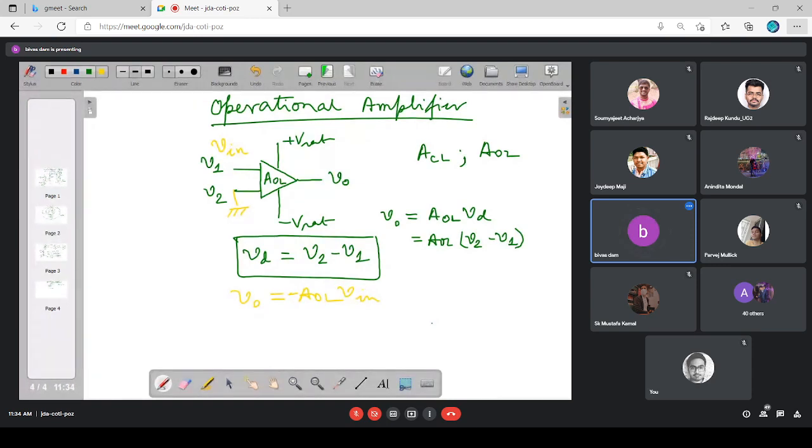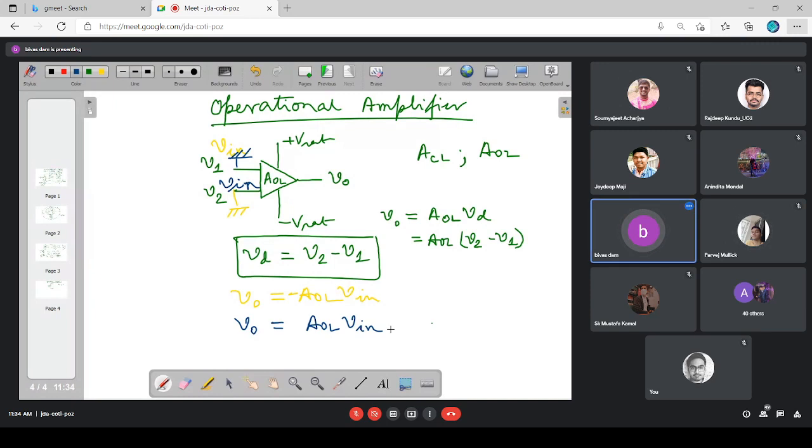Second thing, let me connect ground voltage to the V1 terminal and Vin to the V2 terminal. So what will be your output? AOL into Vin. So what is the phase relationship between Vin and V0 now?